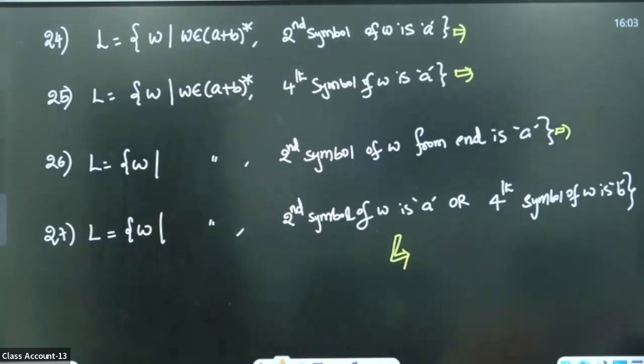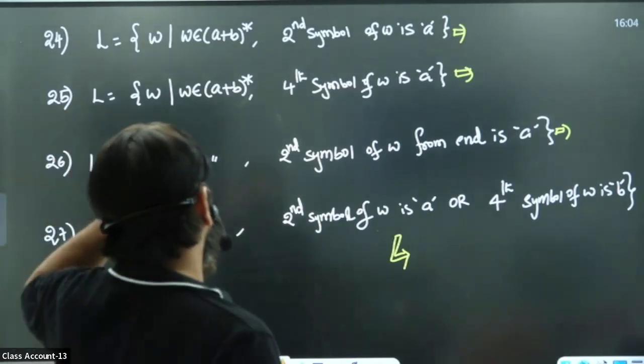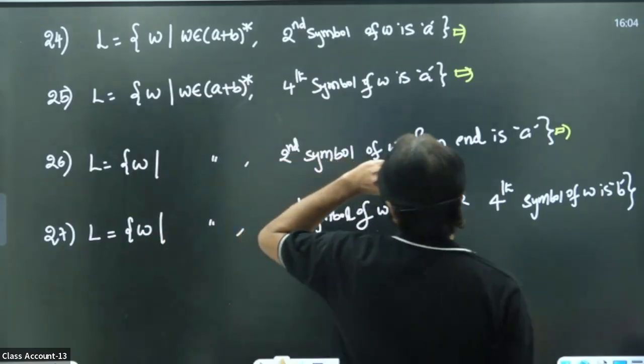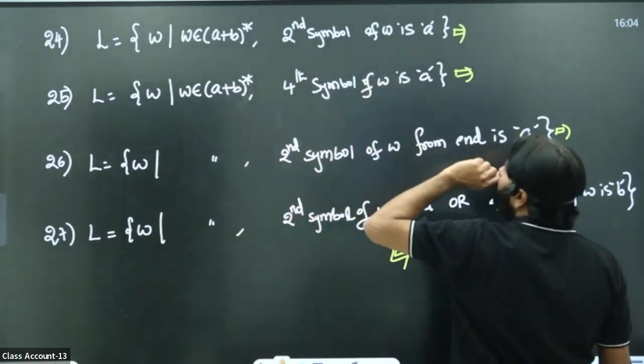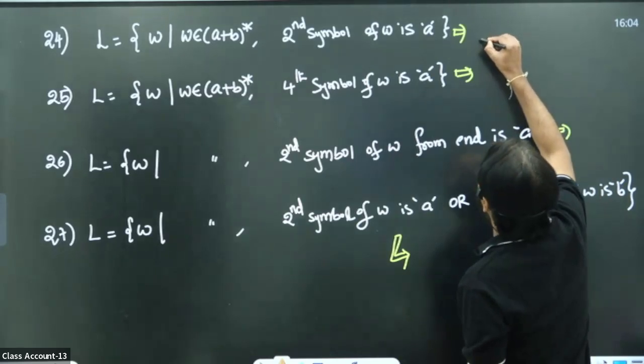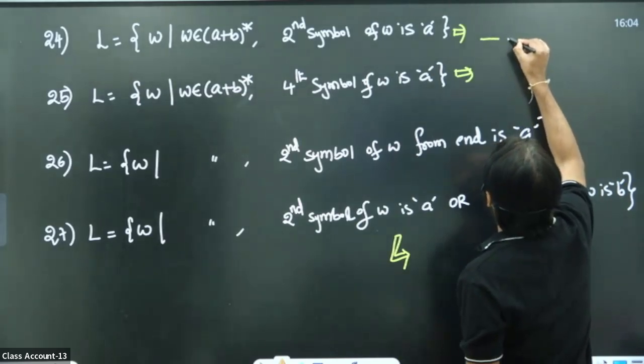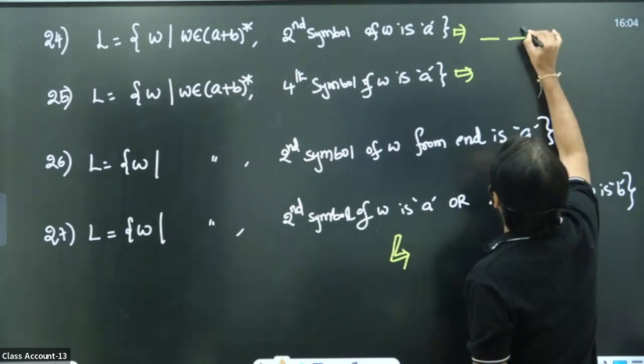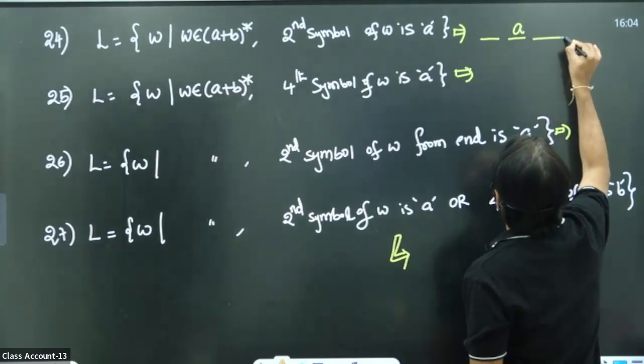We're not worried about every second symbol. Only the second symbol. It's about the second symbol of W being A, from the beginning. Who is the second symbol? First symbol is no restriction. Second symbol we have a restriction, that is A.